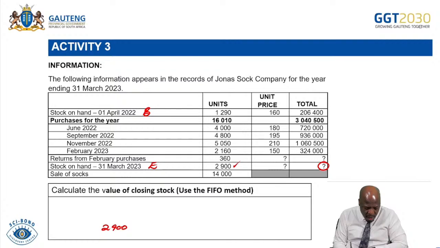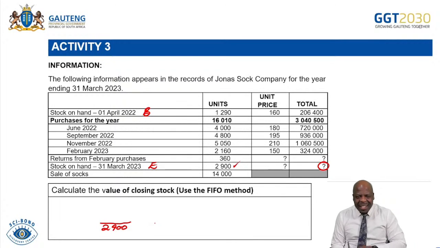2,900. And then remember that line, because earlier on I drew you boxes, so now you understand that's not a division line. I'm calculating. All right, and then the returns now, very important. Returns from February purchases. Oh, they told us in this case. Easy now. So where do I go? I go to February.